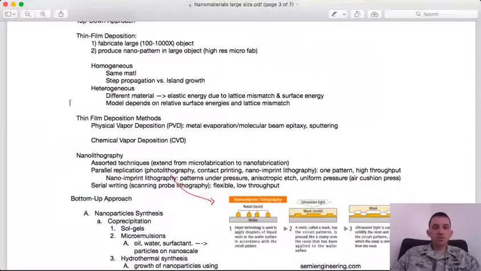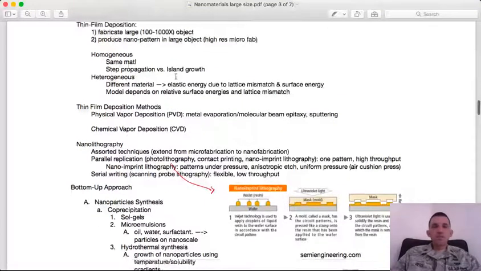So homogeneous would just be the same material, so you're putting a pattern in a material, but not, say, depositing one material in another material. And so here, you're going to be interested in facilitating island growth over step propagation. Remember we talked about in epitaxy how films grow, where you have the atoms hitting the surface, diffusing, finding that step, and contributing to the growth of that atomic plane.